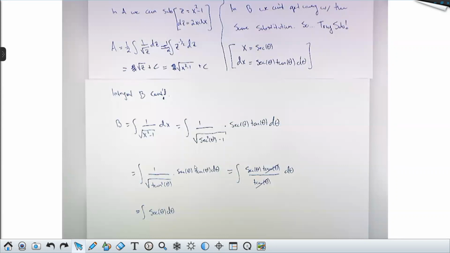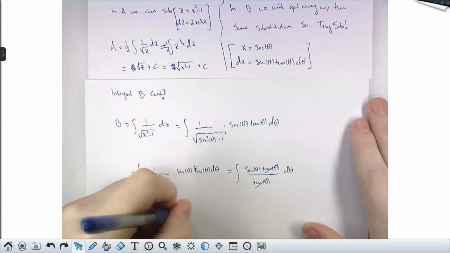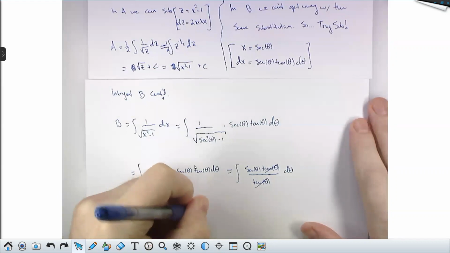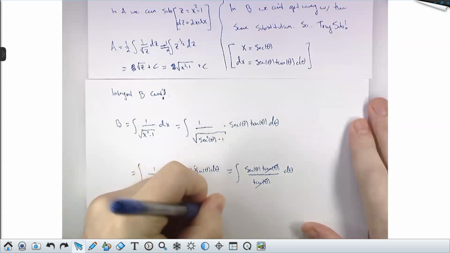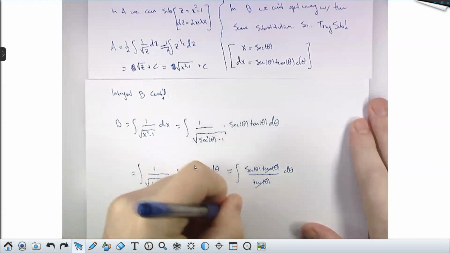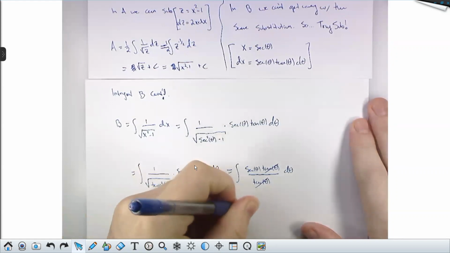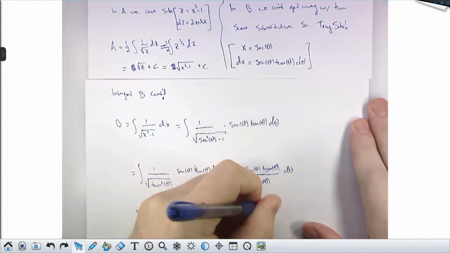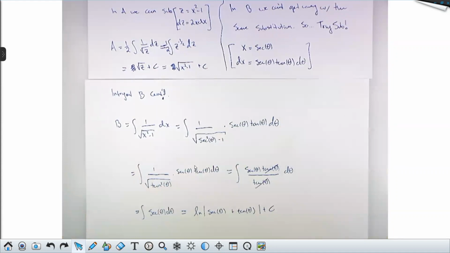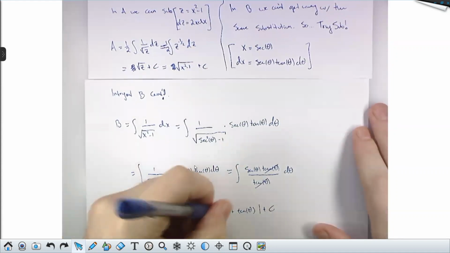Got it there. Natural log of secant plus tangent. And yeah, there is an absolute value. So this would be the natural log of the absolute value of secant theta plus tangent theta.